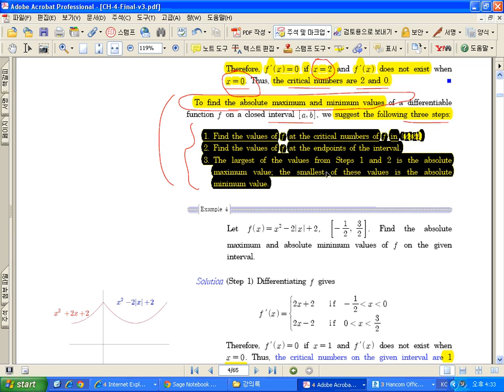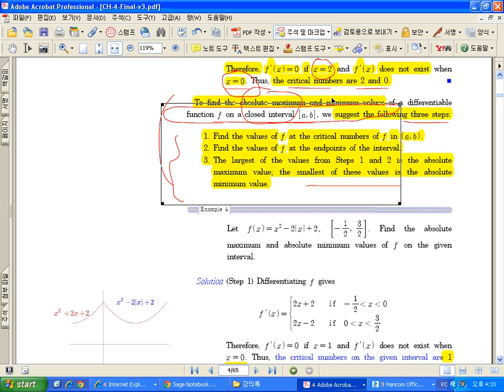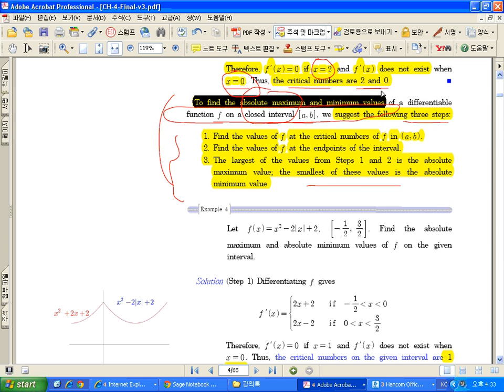The largest value is the absolute maximum, and the smallest value is the absolute minimum of the function f.